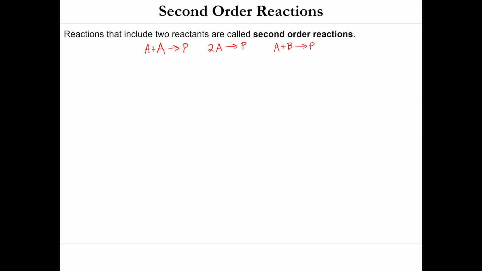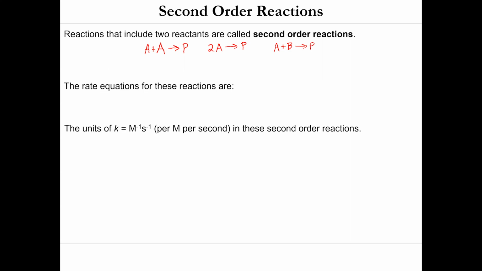So now the rate equations for these reactions would be a little bit different than what we saw for the first order reactions. It would be the velocity of the reaction equals the rate constant times the concentration of A squared, or the velocity of the reaction equals the rate constant times the concentration of A times the concentration of B. So the units would be a little bit different in this one.